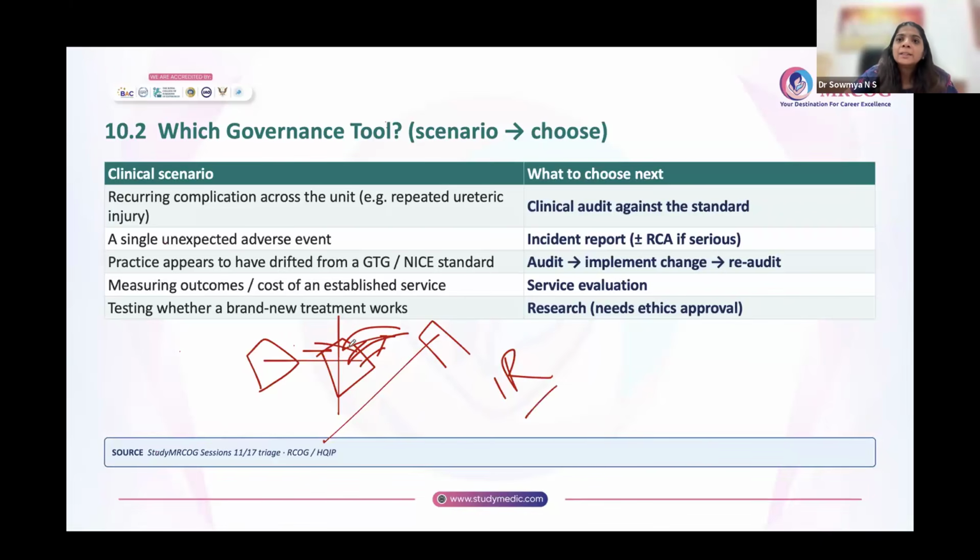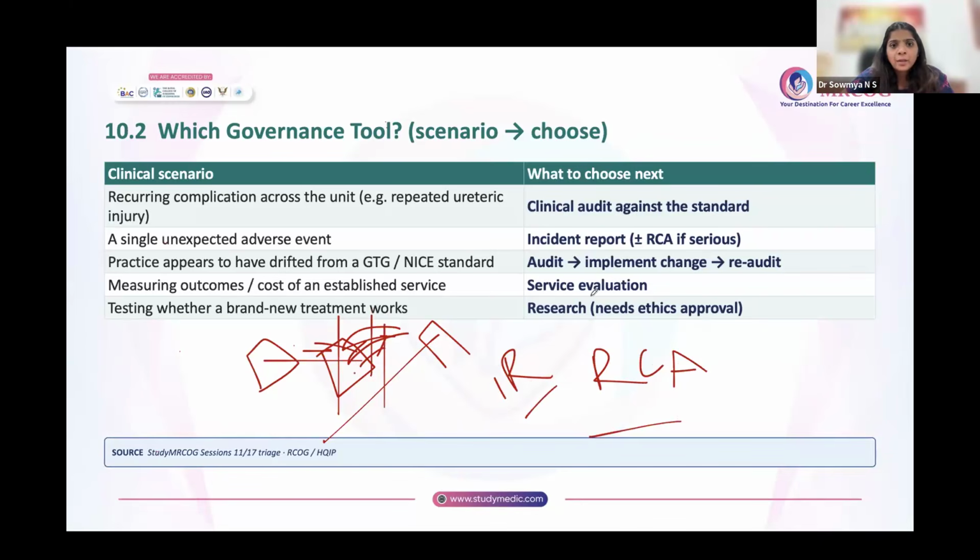But if the same person fell down and had a fracture of the hip, then you have to do a root cause analysis. Like why the water was there, who identified it first, if somebody had seen it and why it was not addressed, what the team is doing, who is taking care of this, and so on.